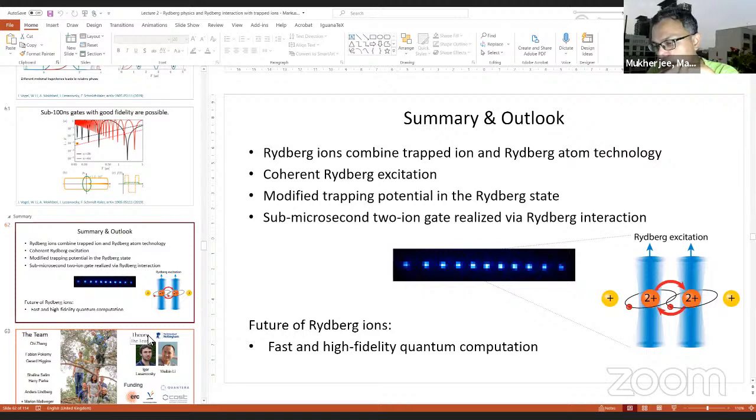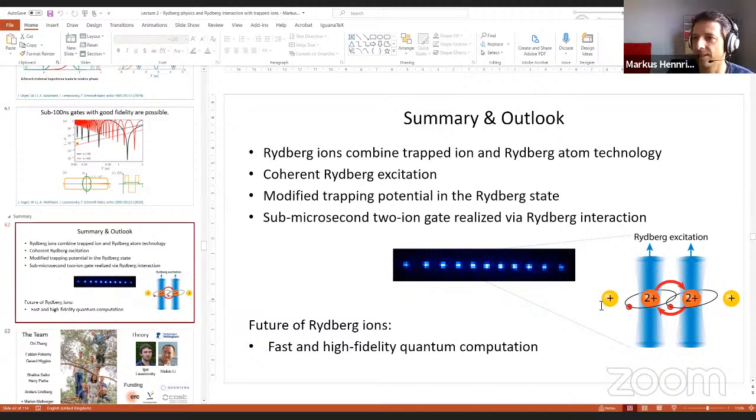What is shown here is two lasers, but you are not doing individual addressing, is it? No. This is what we are currently setting up. Then my question would be, if you go closer, would that be a problem for you? Of course, it depends on which state you are in. You can always hide ions in other states, for instance D states or S states, so that they are not excited to the Rydberg level.